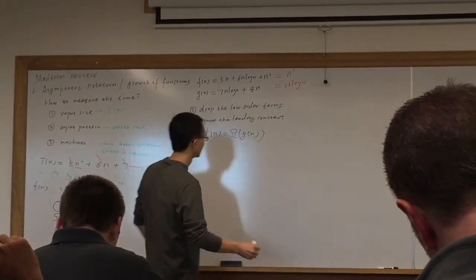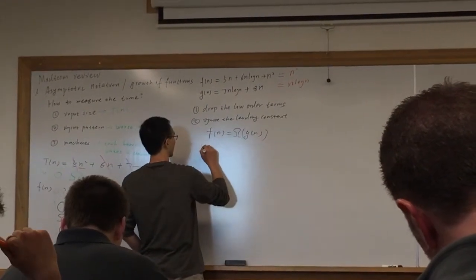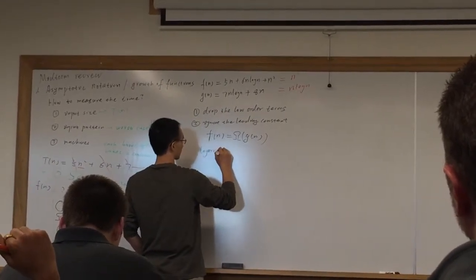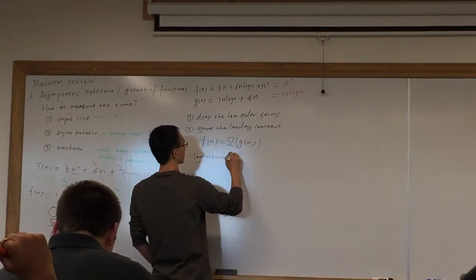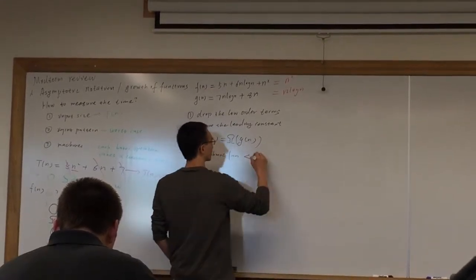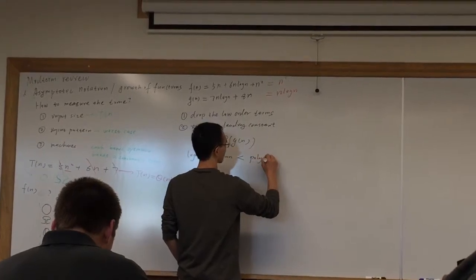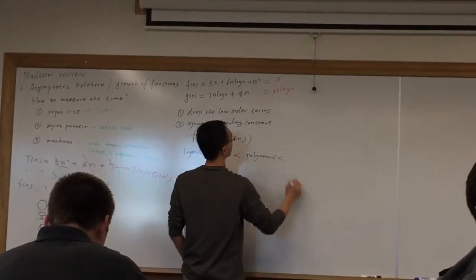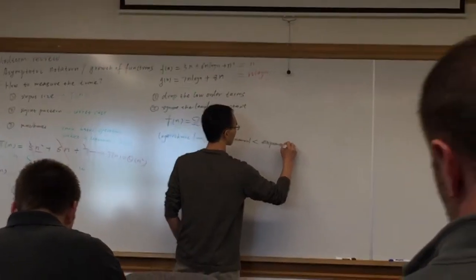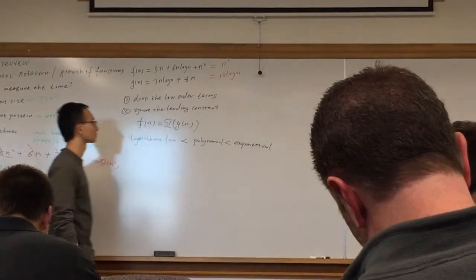The general rule is: a logarithmic function is always smaller than a polynomial. It is always smaller than an exponential.